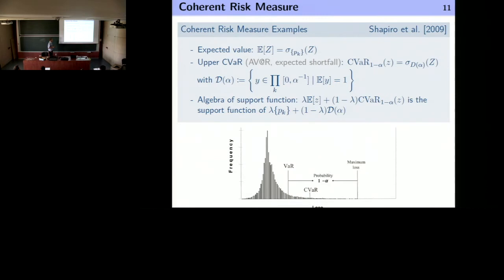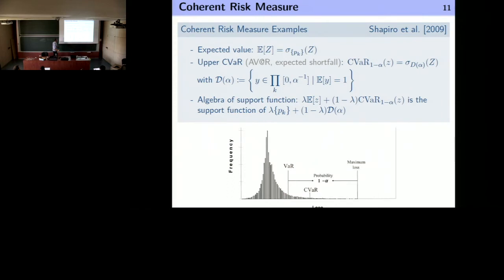However, in many cases, sorry, I should introduce some of my notation. Sigma here is just a support function. So basically, you're just looking for the sup over your set. So it is just this quantity here.